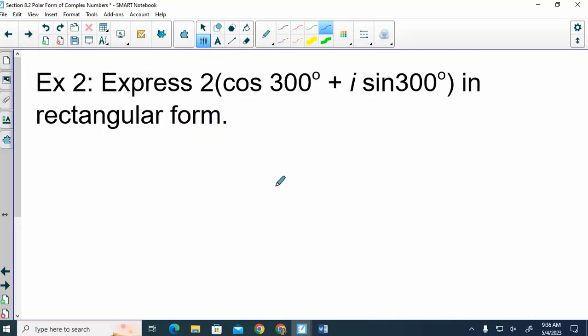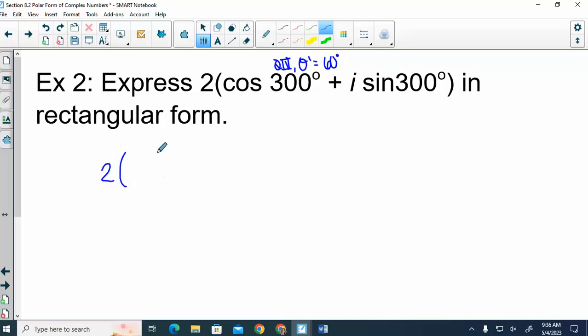So if I ask you to put this into rectangular form, we basically just have to work it out. 300 is in which quadrant? 4. Reference angle? 60. Okay. So we have 2.